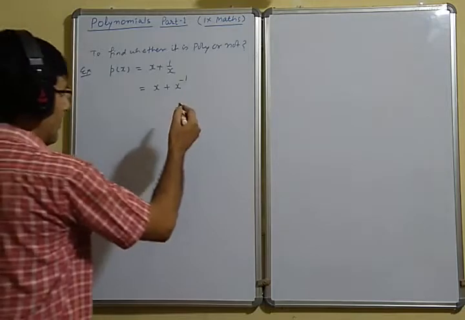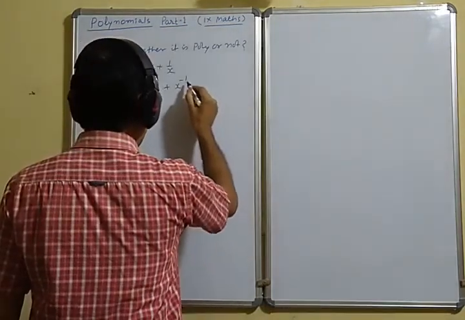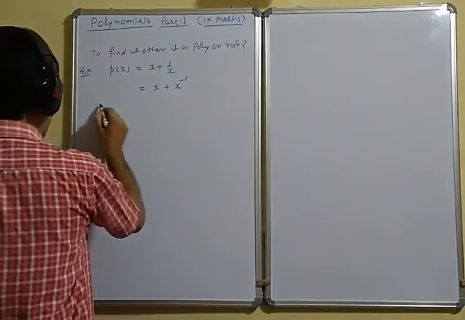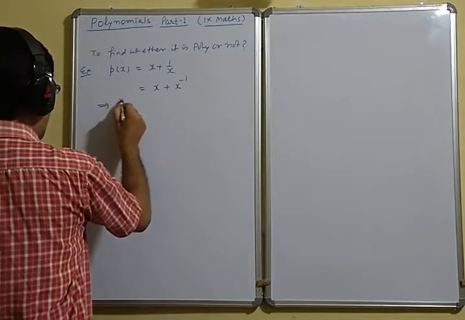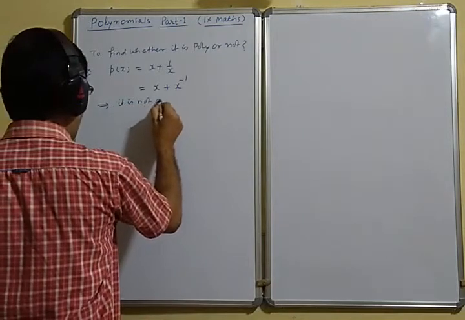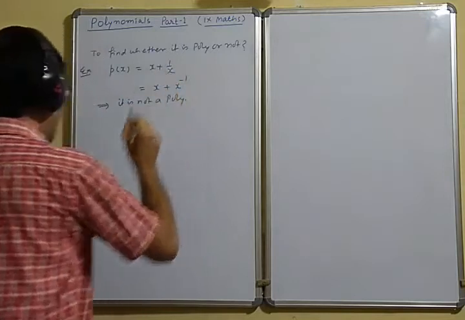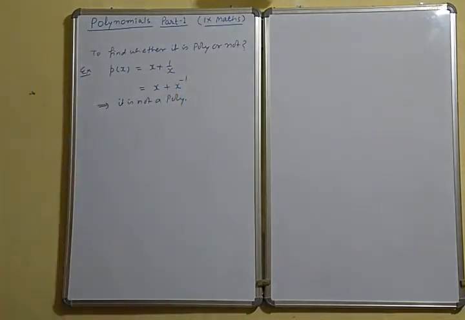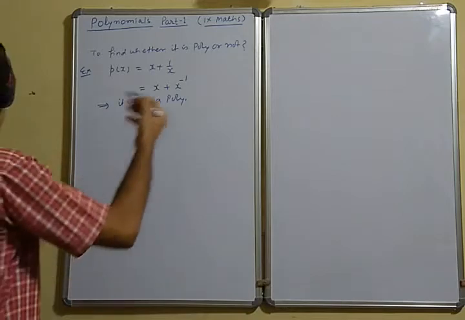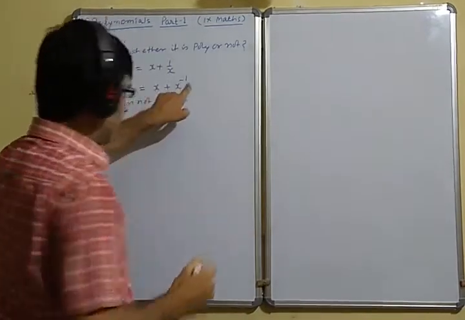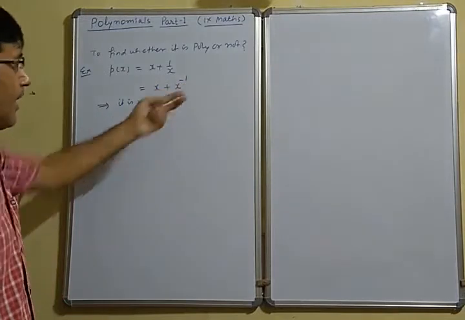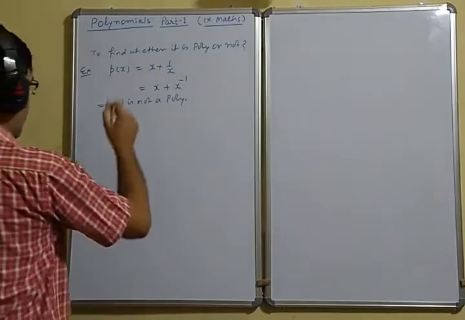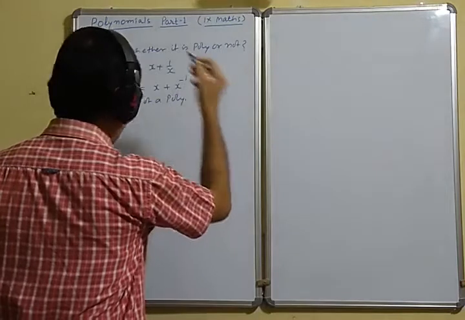So it is not a polynomial, because here the degree is minus 1, and that is not possible for a polynomial.